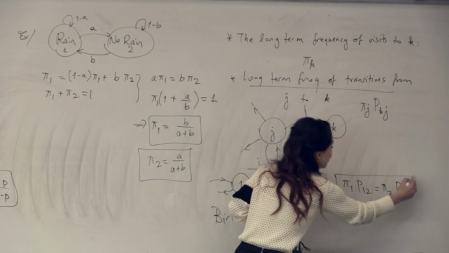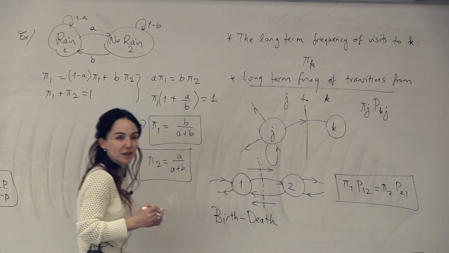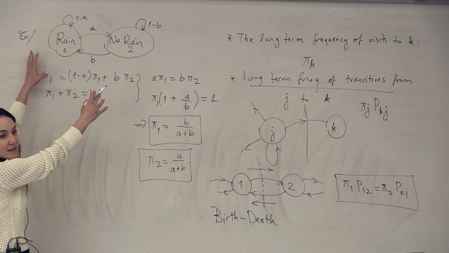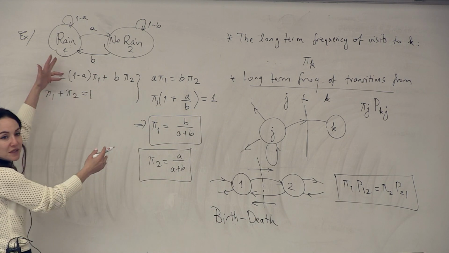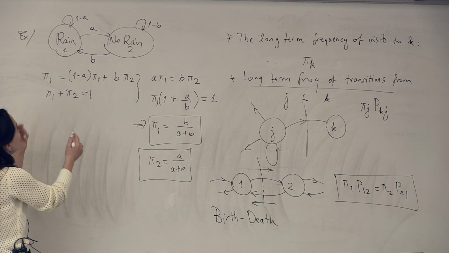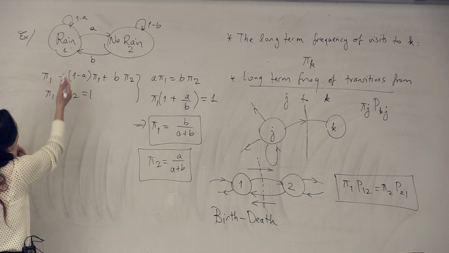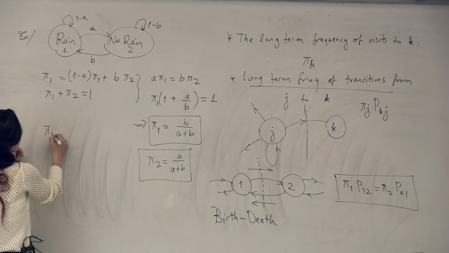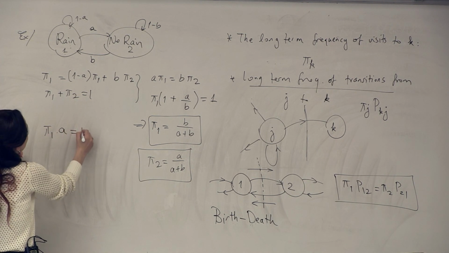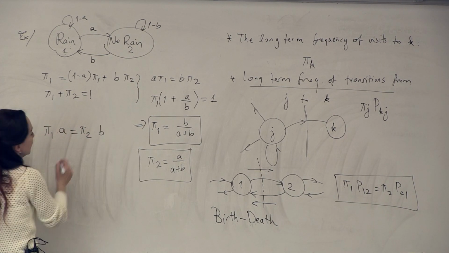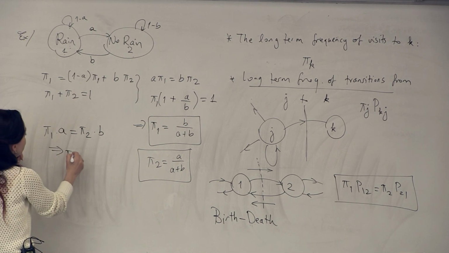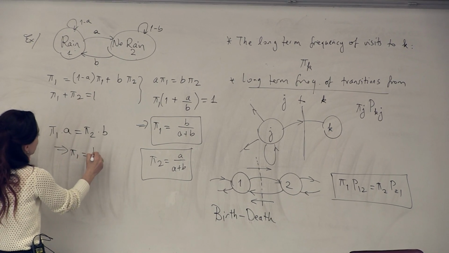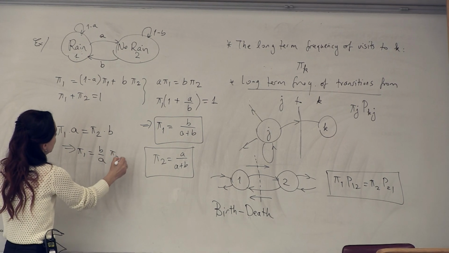So in a birth-death type chain, we can easily use this to compute the stationary probabilities. Let me just write it here. Pi1 times A is equal to pi2 times B, which gives me that pi1 is equal to B over A times pi2, and I'm done.